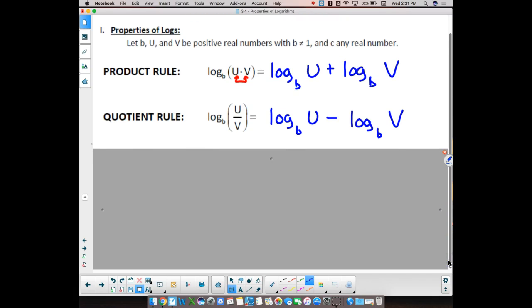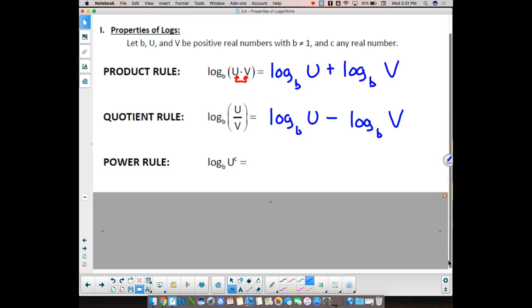The power property actually comes out of the product rule. Because if I had like u to the 3rd power, well that would be u times u times u, right? So that would be log base b of u plus log base b of u plus log base b of u. Okay? And that's 3 of them. So I can take this exponent and bring it out in front and then just multiply it by log base b of u.